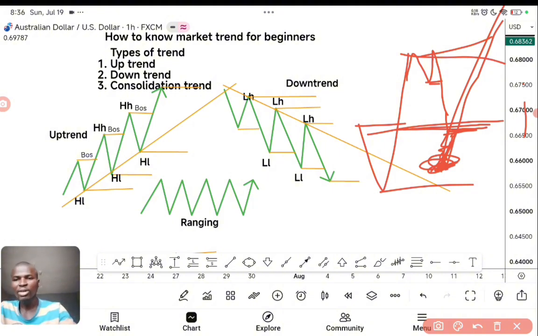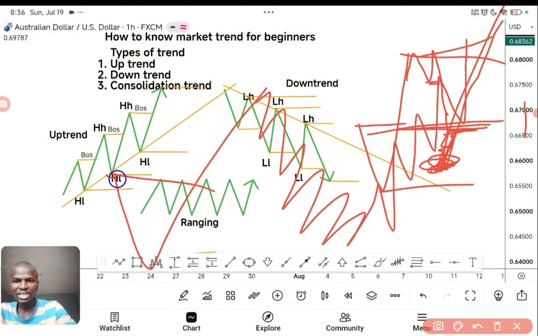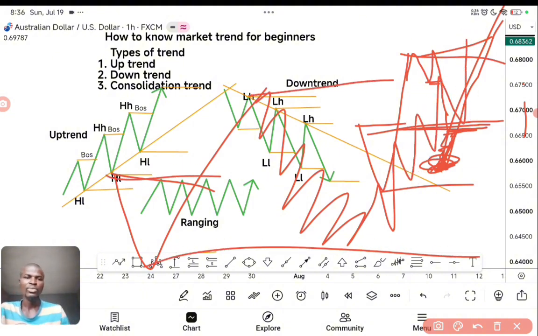Like under this swing structure, there is a retracement like this, substructure like this. There is also minor structure like this under this one swing, you can see. So to get it, it requires some bit of study and knowing the higher time frame, trading from the higher time frame to get the bigger picture.